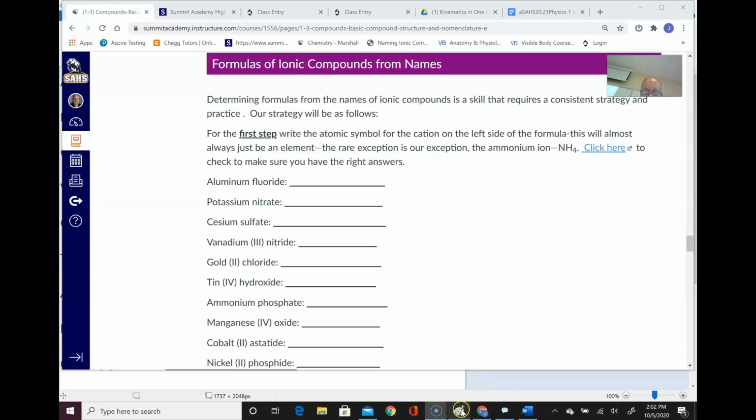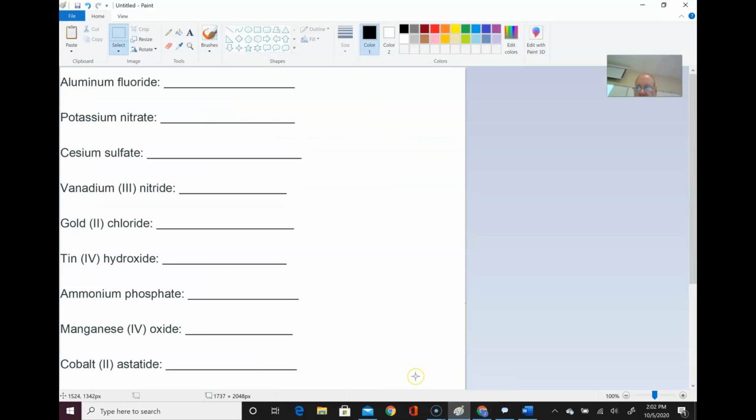We're going to go do this together though on a blank sheet here, and so all we're going to need to do again is write the symbols. So aluminum, Al, potassium, K, cesium, Cs, vanadium, V, gold, Au, tin, Sn.